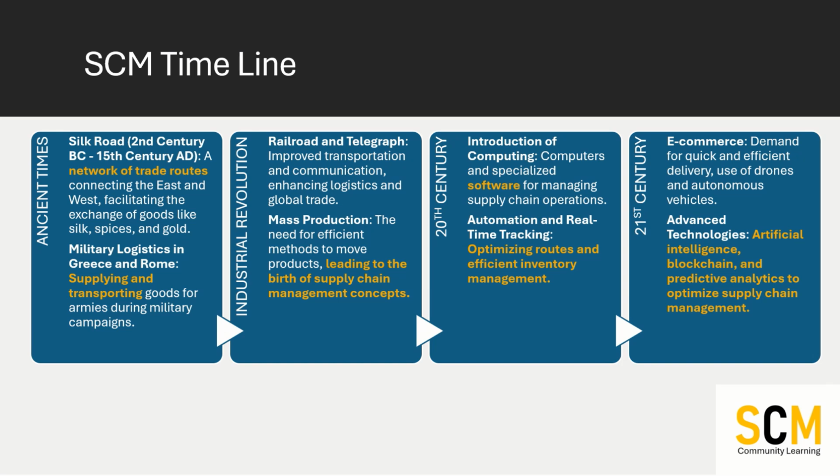And the last one, e-commerce. E-commerce is nowadays the most important logistics around the world, along with advanced technologies like artificial intelligence, blockchain, and predictive analytics to optimize supply chain management.